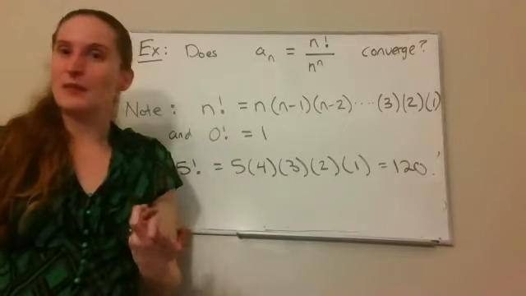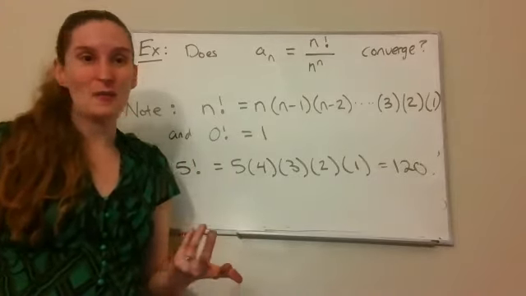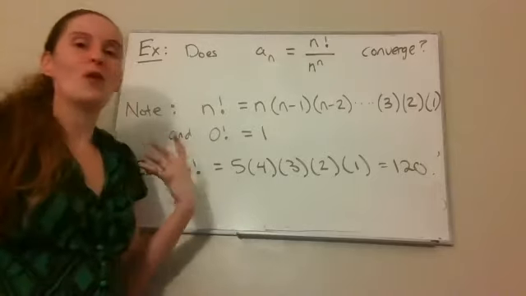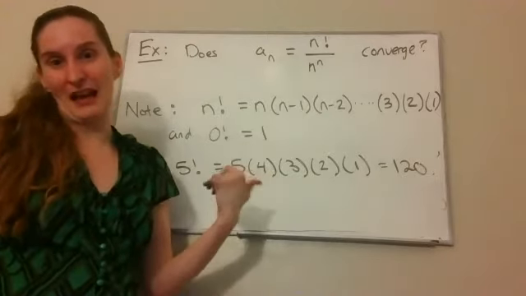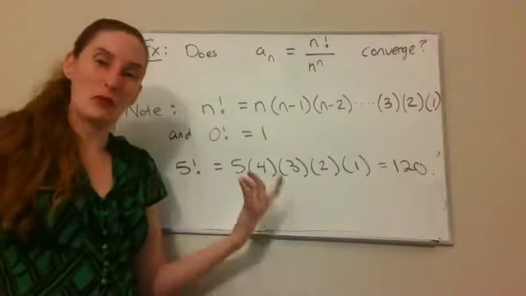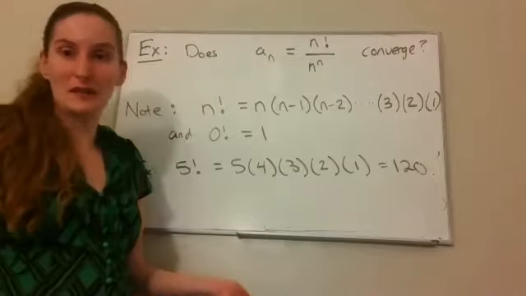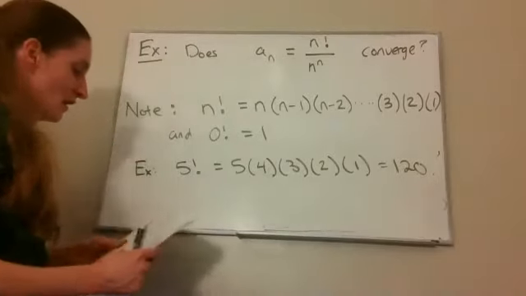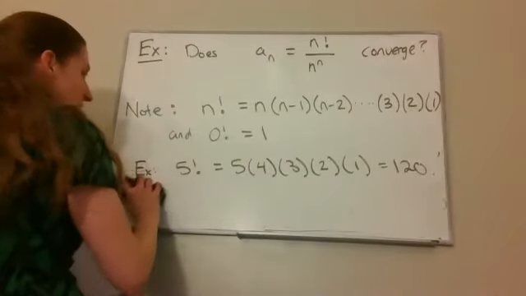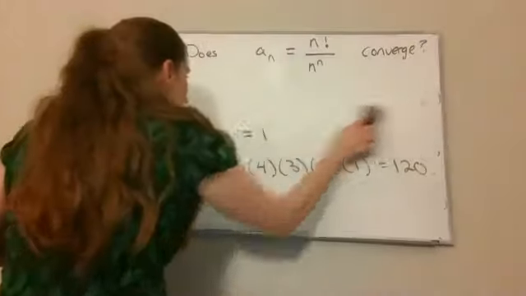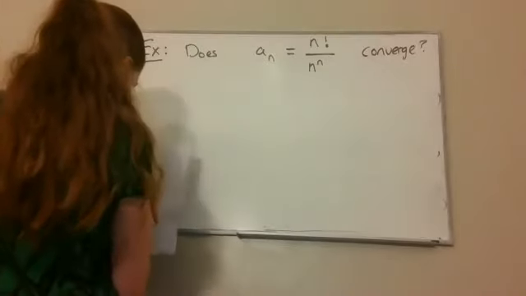So your gut instinct might be to do L'Hopital's rule, but unfortunately that's not going to work too well because this factorial is only defined for integers, and we would need a continuous function like x factorial, but it doesn't make sense with our definition to do like 5.5 factorial. We can only have integers in it. So I cannot use L'Hopital because x factorial would not be defined for non-integer values. So we have to just play with this differently and see what happens.